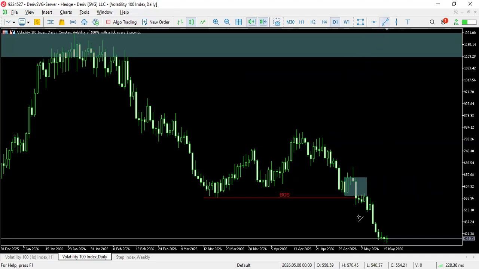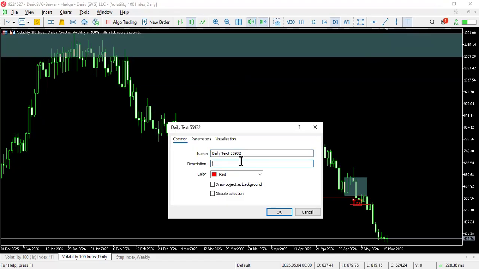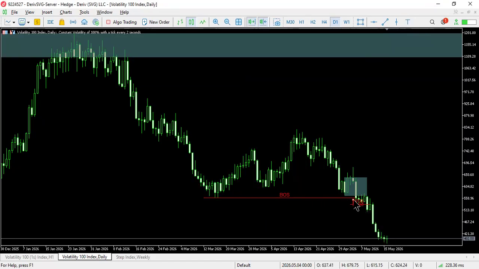We are going to move to the most recent break of structure, which is that break of structure right there. We have a break of structure, and then the order block which caused that specific break of structure is that order block.